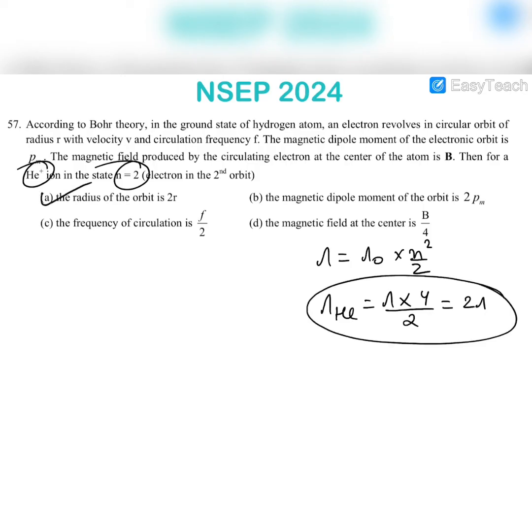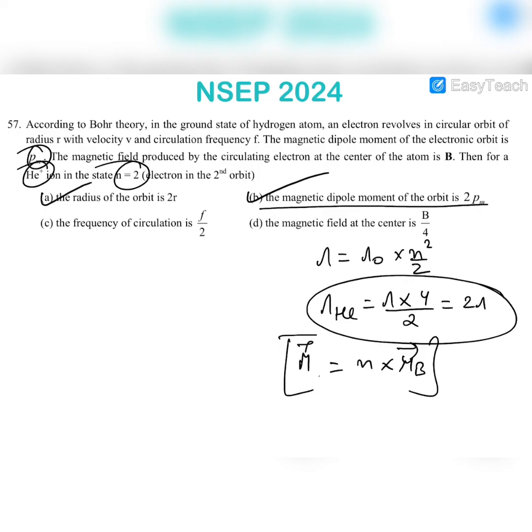So A option is correct. Now the magnetic dipole moment is n times mu b. This is the magnetic dipole moment of the electron in any orbit. It does not depend on z. So obviously if n is 2, then it would be 2 times pm.